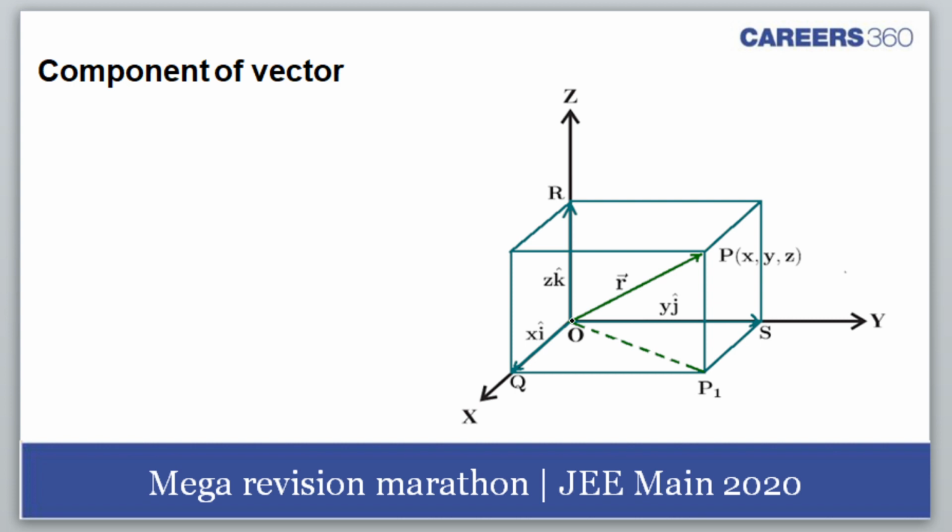So xi would be some multiple of i, so this is OQ, and OS is some multiple of j, let us say yj, that is this vector. Now if I add these two vectors, I'll get this vector as a resultant.